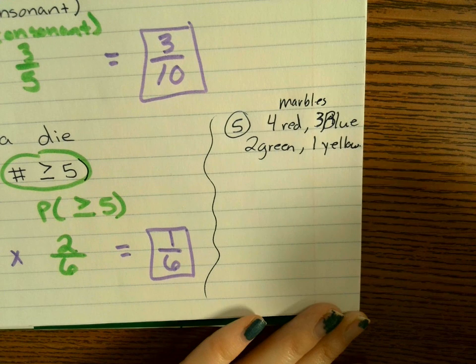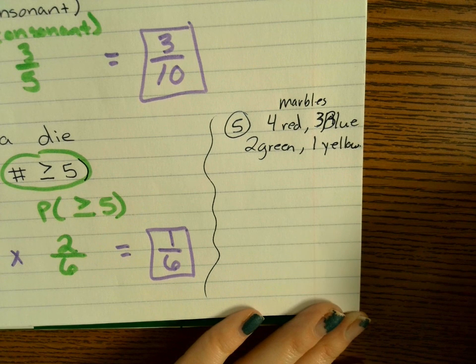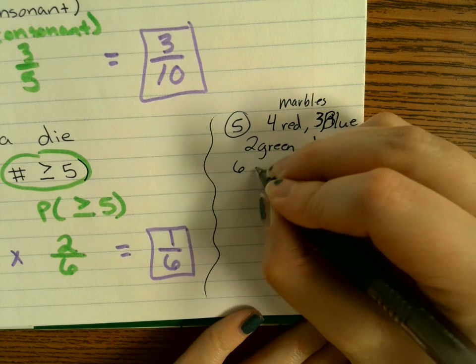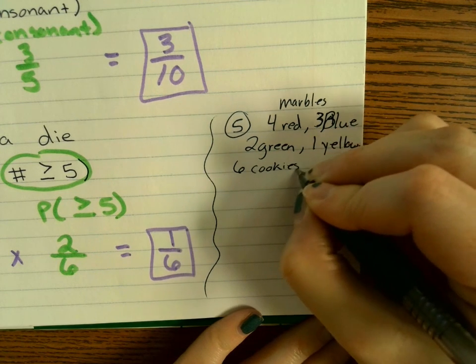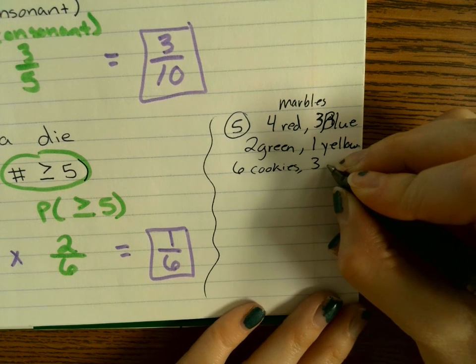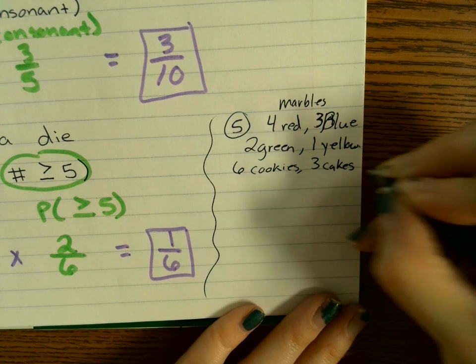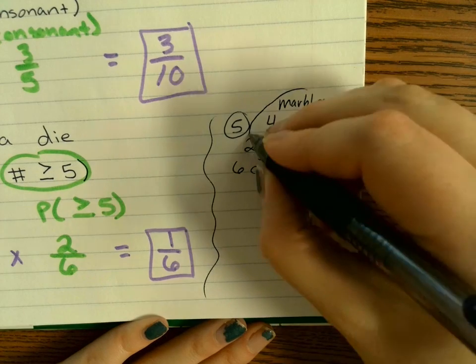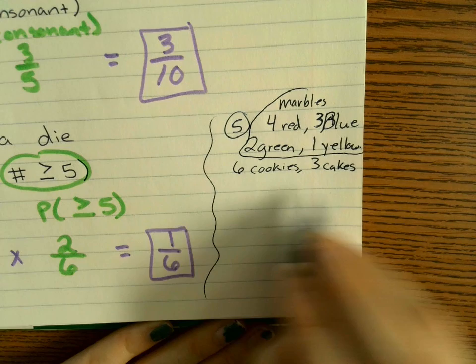And then I'm going to have six cookies and 3 cakes. 6 cookies, 3 cakes. Okay? So here we're talking about marbles. Here we're talking about food items.